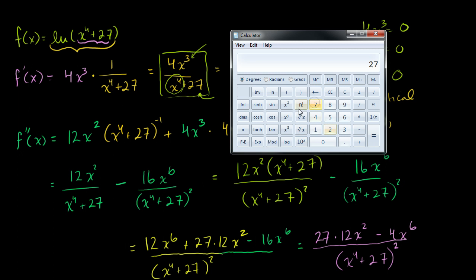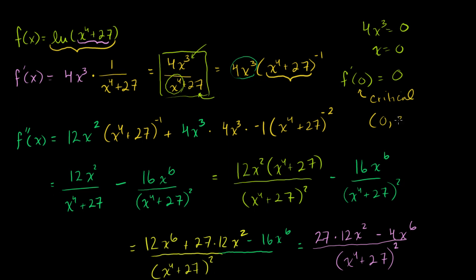So 27, if I were to take the natural log of that, it's like 3.29, and it kept going. For our purpose, let's just call it 3.3. We're just trying to get the general shape of the graph. So this is a critical point right here. The slope is 0 here. Slope is equal to 0 at x is equal to 0.